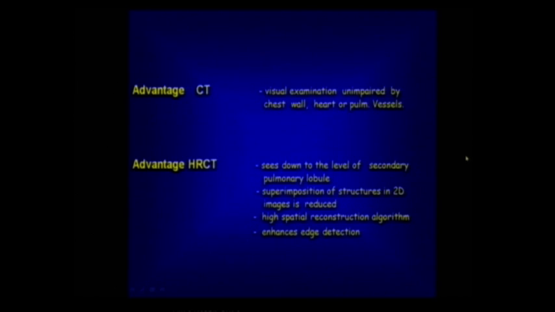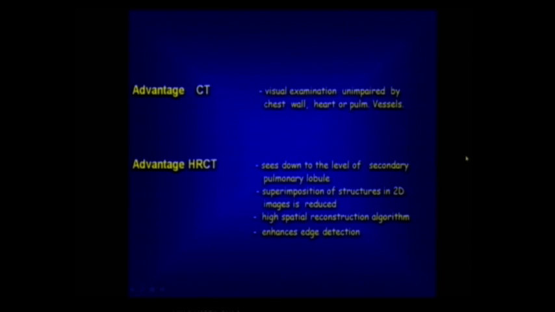Even before that, what is the essential advantage of HRCT compared to CT? CT gives you visual examination of the lungs unimpaired by chest wall, heart or pulmonary vessels. Normally, when you do a chest X-ray, you have hardly 40% of lungs available for viewing. So that disadvantage is removed by normal CT.